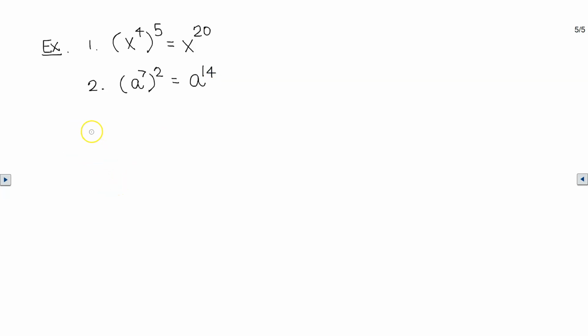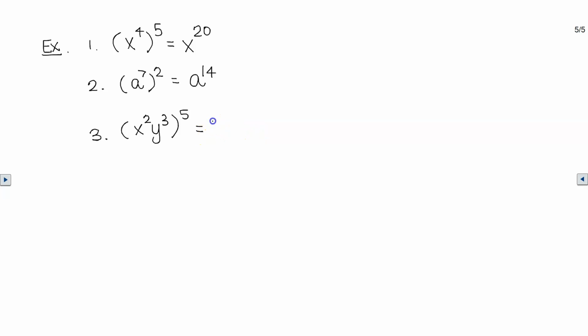Now again, this is a rule that I can apply even when there's more than one base in the problem. So just for example, I could have x to the 2nd power, y to the 3rd power, and then raise all of that to the 5th power. So you would do here just what we did with that product rule. You're going to have to use your power to a power rule for x and then for y.